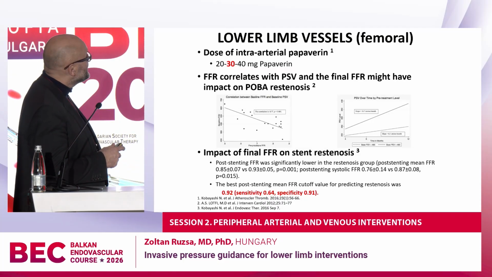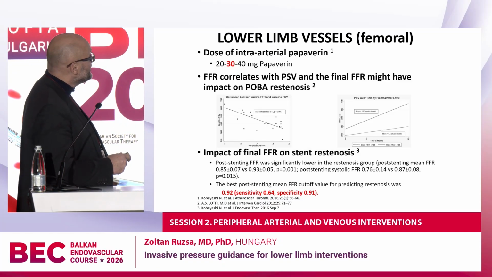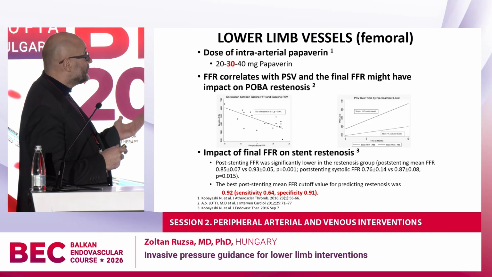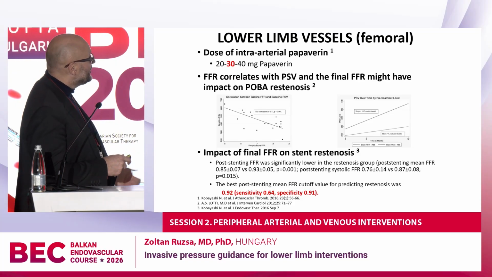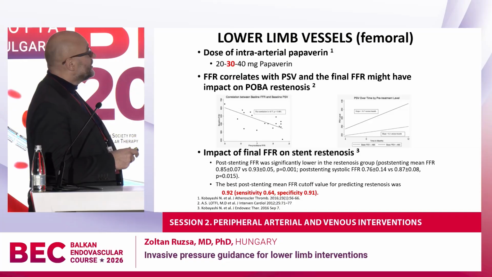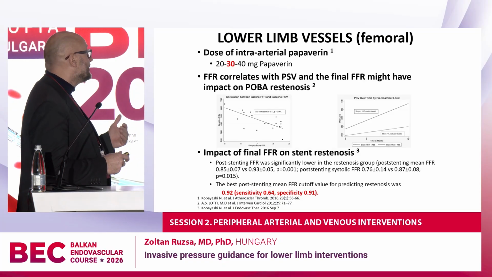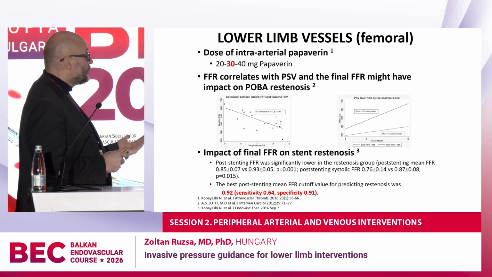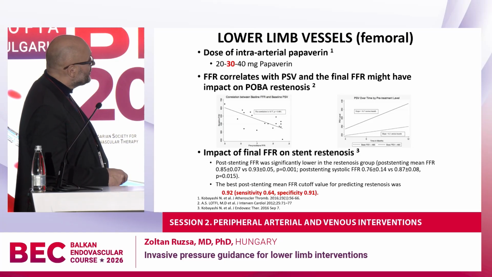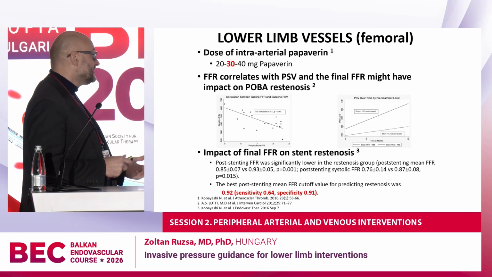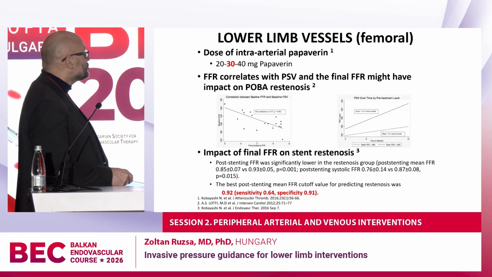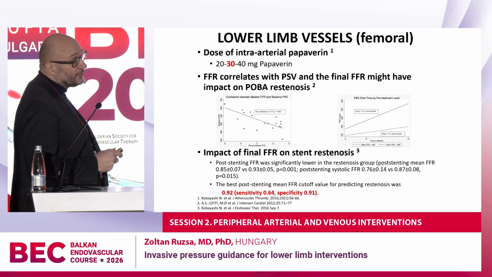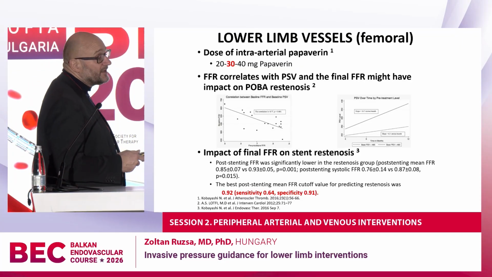FFR measurements can be induced by papaverine or adenosine. It correlates very nicely with the ultrasound measurements, and after the intervention, it correlates also with the restenosis at 1 year. Also, if you put a stent and then measure the pressures, there is a very nice correlation with restenosis in the SFA.